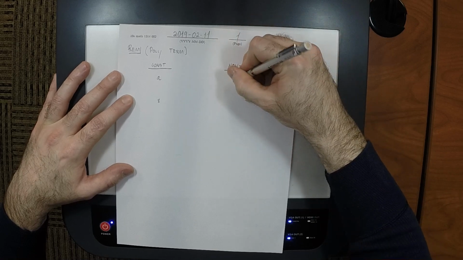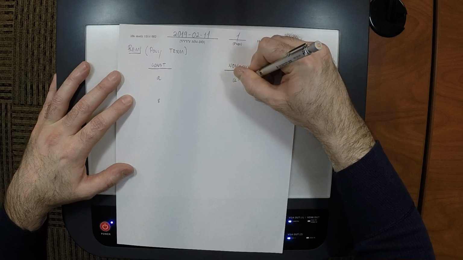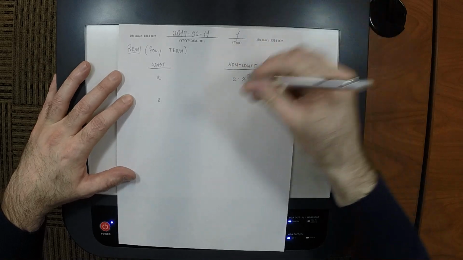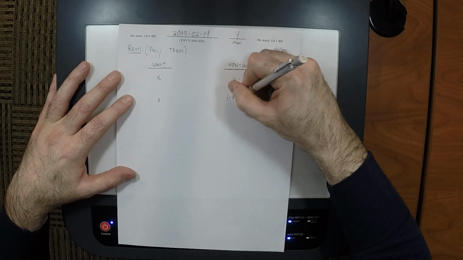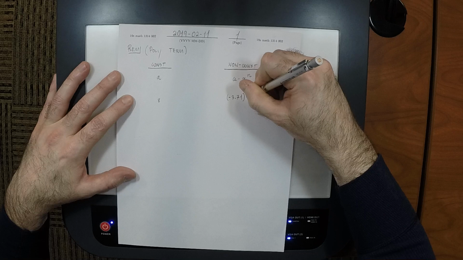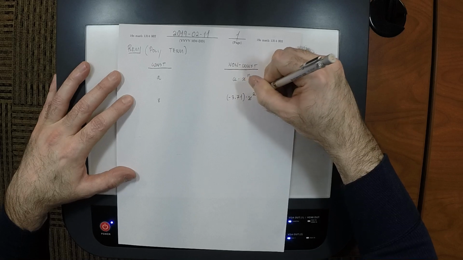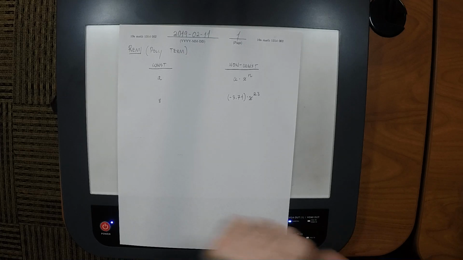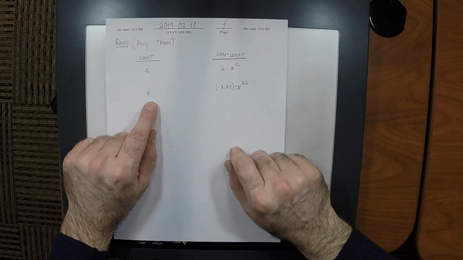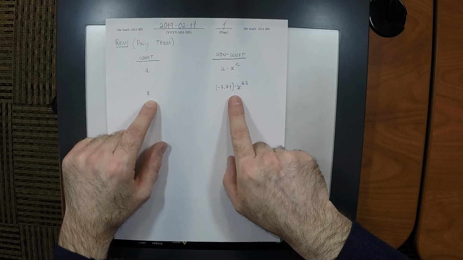The non-constant variety would be something that looks like this: a multiplied by x to the exponent n. An example could be negative 3.71 times x to the 23, say. So, that's a polynomial term, that's a polynomial term.